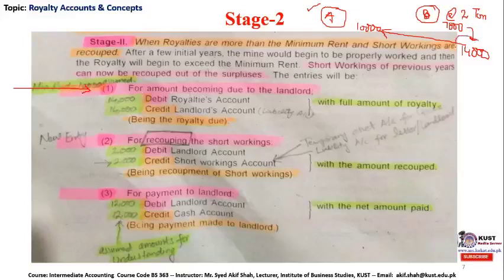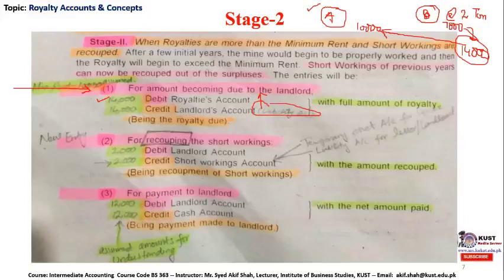Since the royalty fee is 14,000, royalty from the perspective of the lessee is an expense. Therefore, an increase in an expense account is recorded by debit. So we have debited the royalties account by 14,000, and then this amount has to be paid to the landlord, and the landlord account is our liability account.